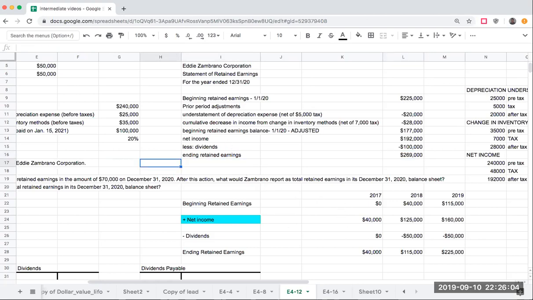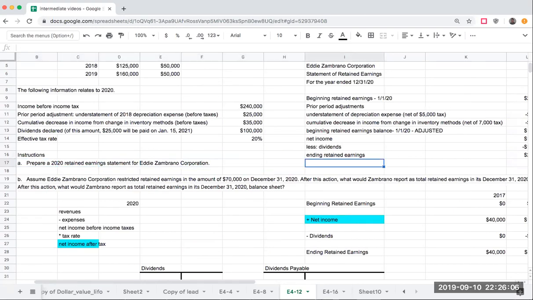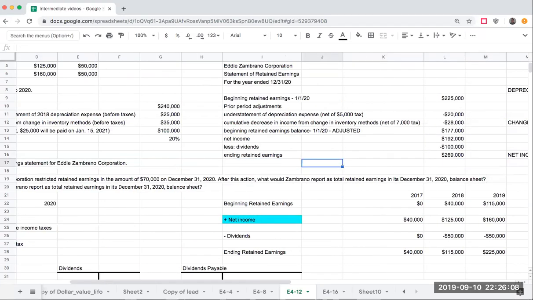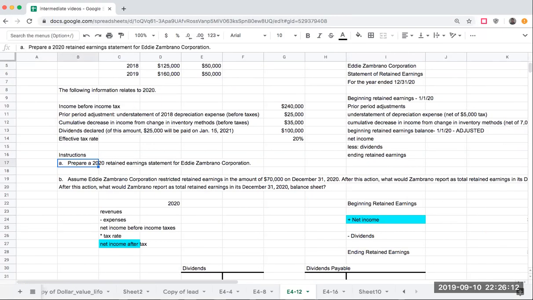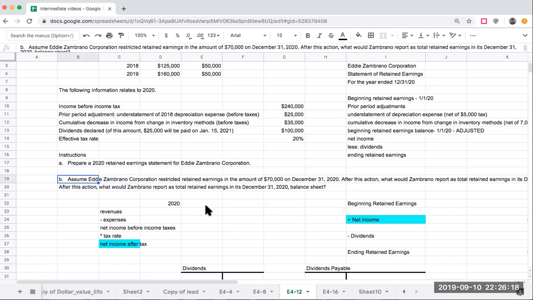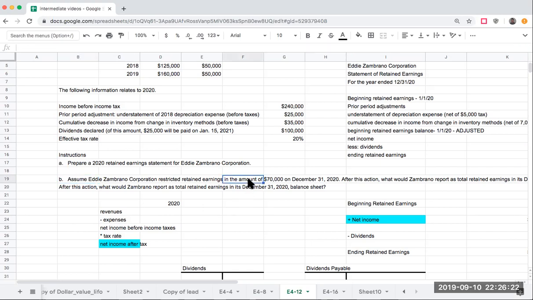So that's a few different things from Accounting 1A, but essentially it's relatively the same process, just with a couple different twists. The next one here is: assume Eddie Zambrano Corporation restricted retained earnings in the amount of $70,000. This is when we start to talk about appropriated and unappropriated retained earnings.